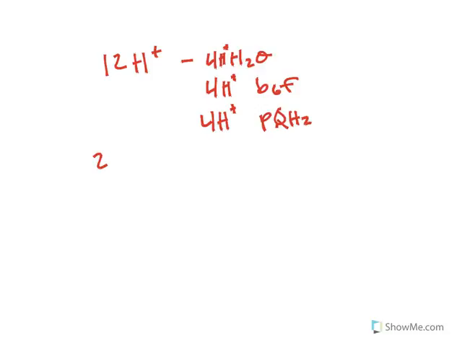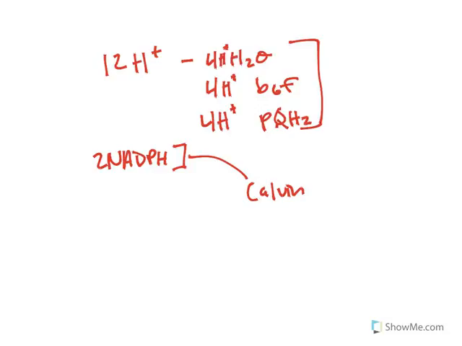We've created 2 molecules of NADPH. And now we are ready to use these molecules of NADPH directly in the Calvin cycle. And our protons are going to be used to directly power ATP synthase.